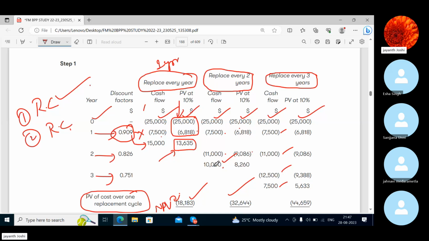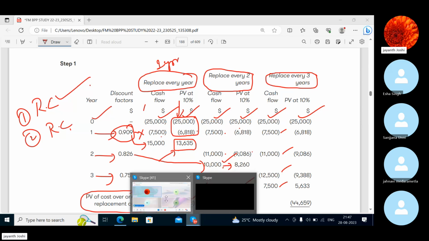And again 10,000 you're selling in the second year, right? Into 0.826 is going to be this, right? Do them, calculate them.